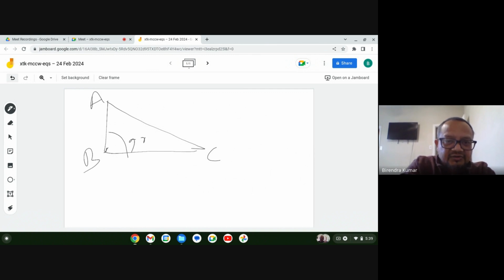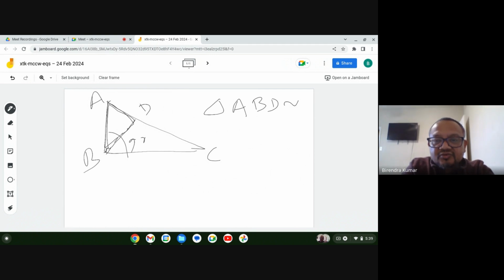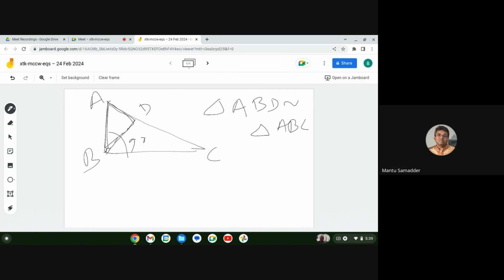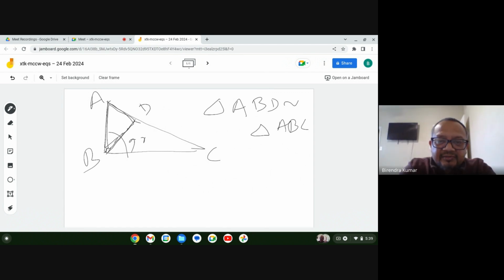What we did, we took this point and have drawn a perpendicular line on the opposite side, which is cutting at point D. And what we found is that this small triangle ABD became similar to the original triangle ABC. So triangle ABD was similar to triangle ABC, the parent triangle. Yeah, this is what we saw. Now there's one more triangle, one more child triangle, right?